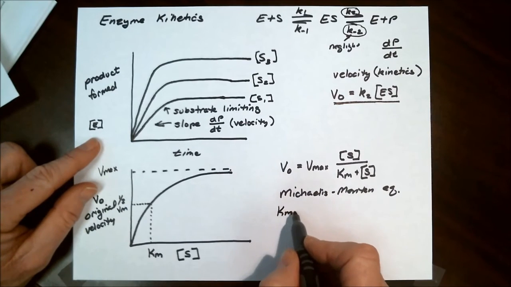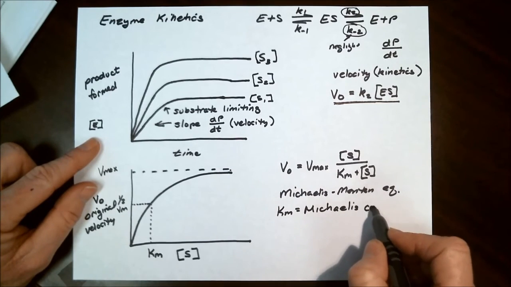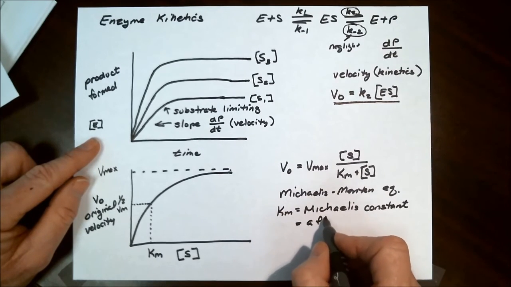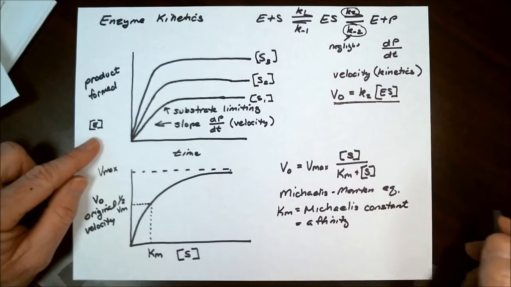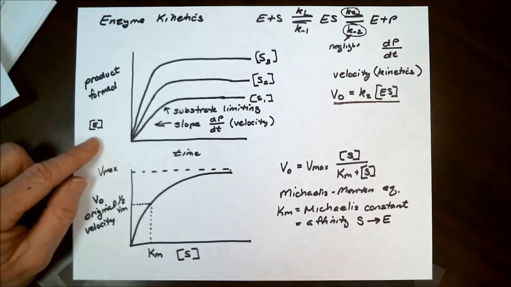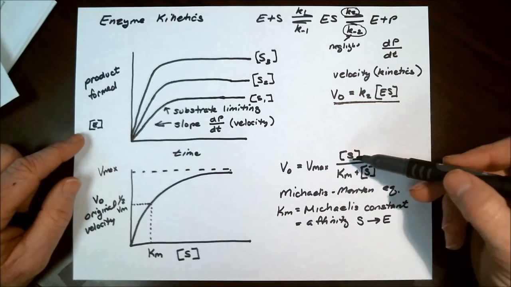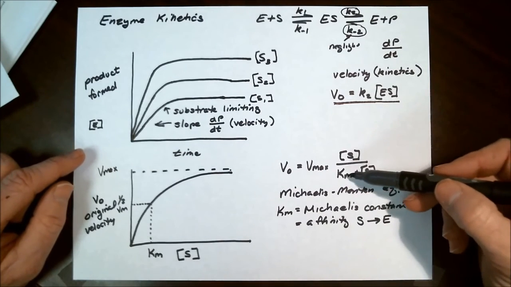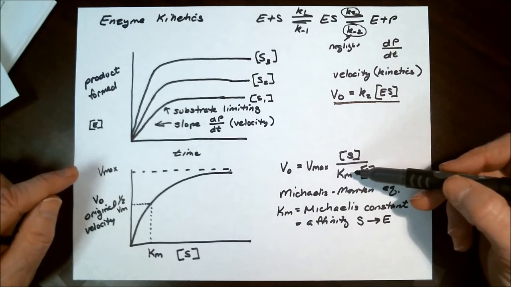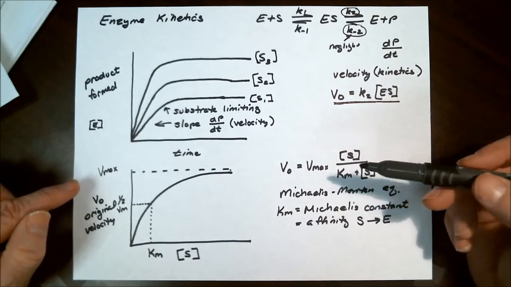The Km equals the Michaelis constant, and this represents the binding affinity of the substrate for the enzyme. So if we have a fraction of Vmax at small concentrations of substrate, it will be dependent on the Km, the affinity, so that the higher the affinity, the higher the original velocity.